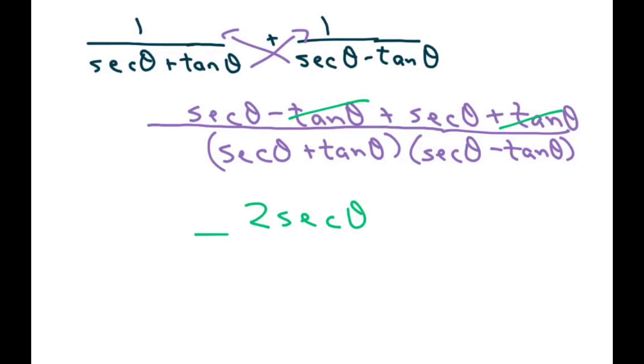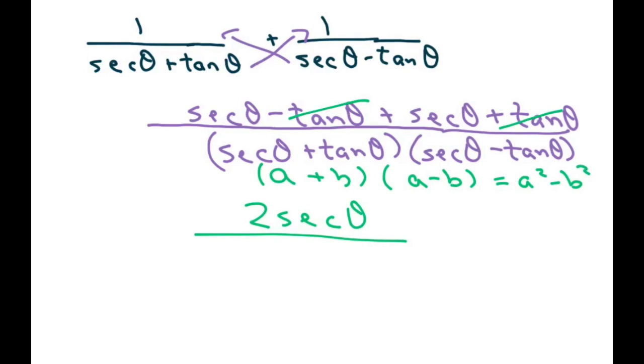For the denominator, this is your a plus b, this is your a minus b, and that equals a squared minus b squared. So that's just going to be secant squared minus tan squared.